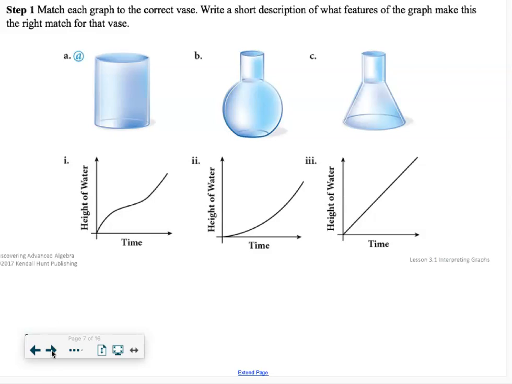Your job is to decide which graph goes with which vase. I would like a different person from each group to go up to your board, label A, B, and C, and then next to A, B, and C, label 1, 2, or 3. But first I want you to discuss it. Then go up to your board.